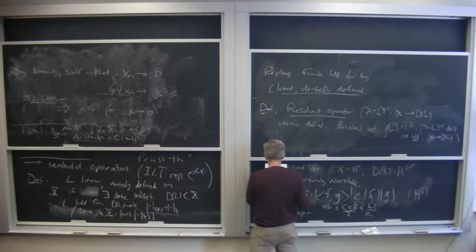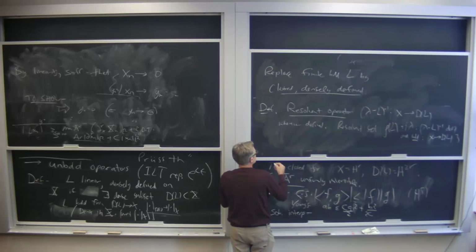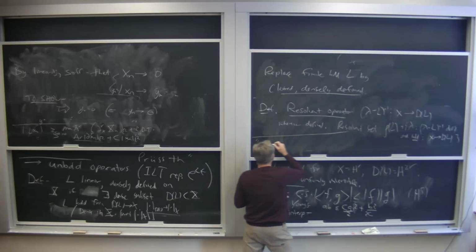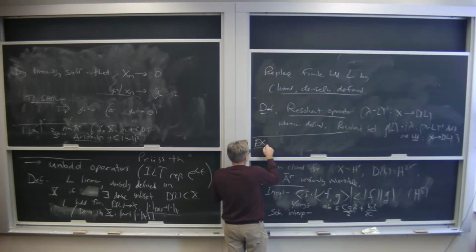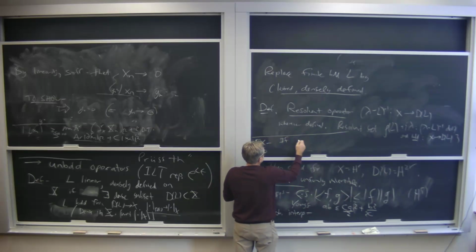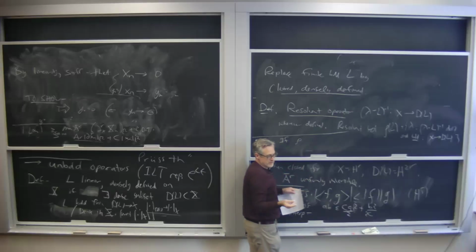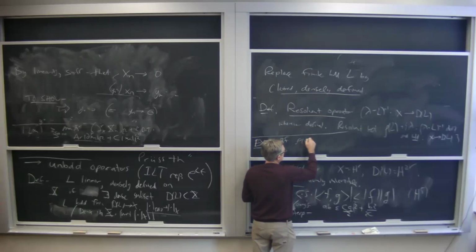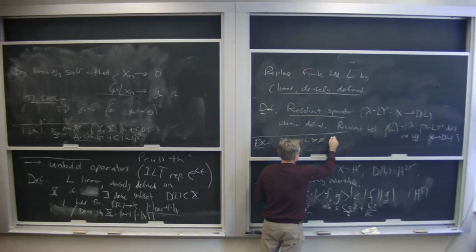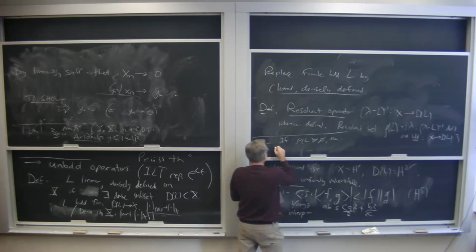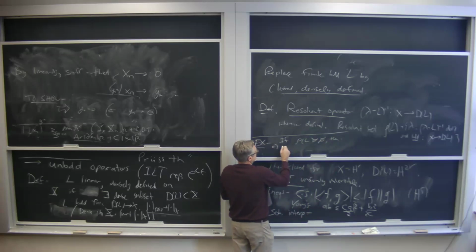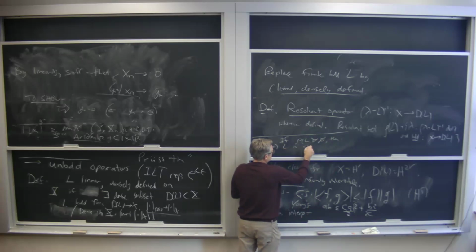Okay, now this one is really not difficult, but if even a single resolvent point exists, if the resolvent set is not empty, then two things happen. A, L is closed.